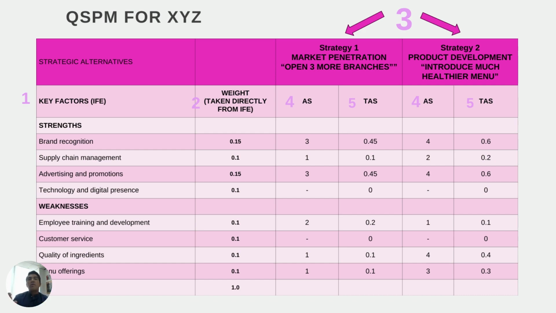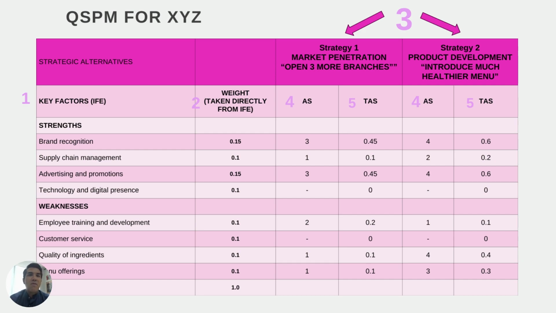Under this quadrant, it is advisable for the company to pursue either a market penetration or product development strategy. For company XYZ, we have suggested that for market penetration, the company should open 3 more branches, and for product development, the company should introduce a much healthier menu. So that is step number 3 in our QSPM.